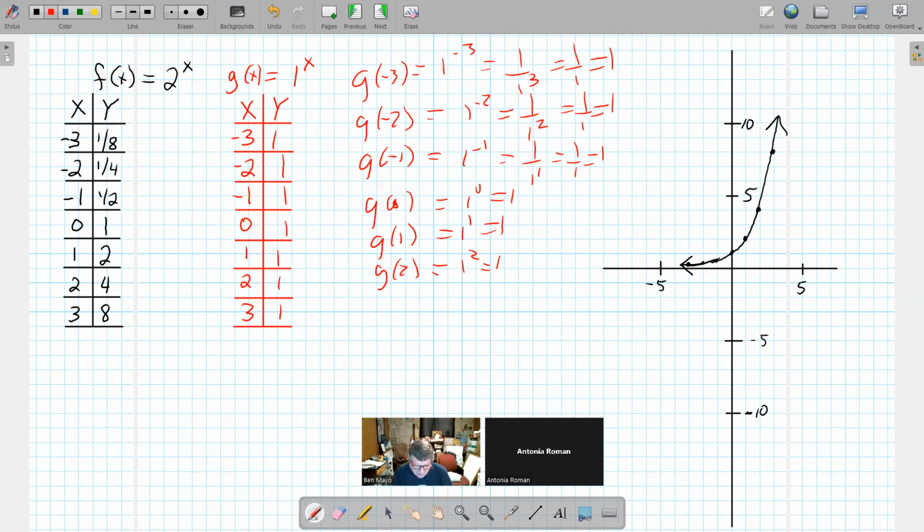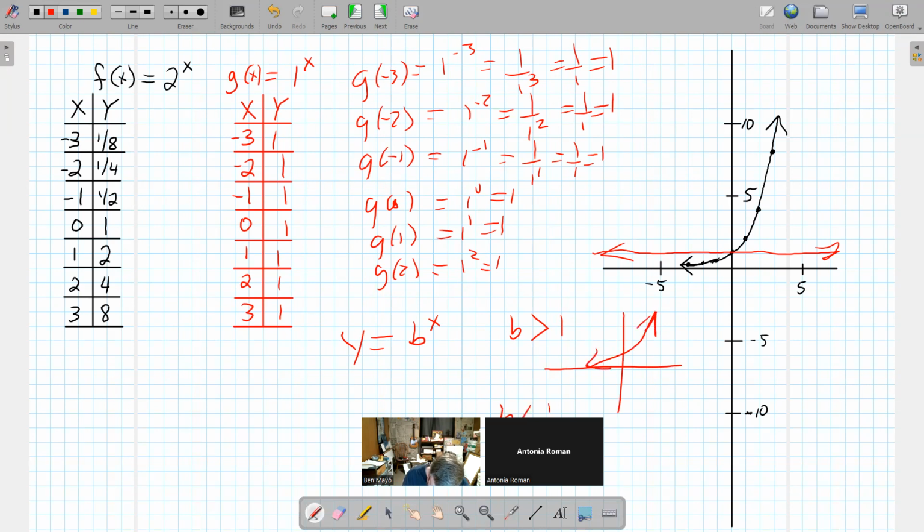Okay, so what happens for this thing? Well, y is 1 no matter what, so that's going to look like this, right? Well, that doesn't fit the pattern of exponential functions. So we say that for y equals b to the x, that's sort of a general statement in terms of an exponential equation. If the base is greater than 1, this thing opens upwards.